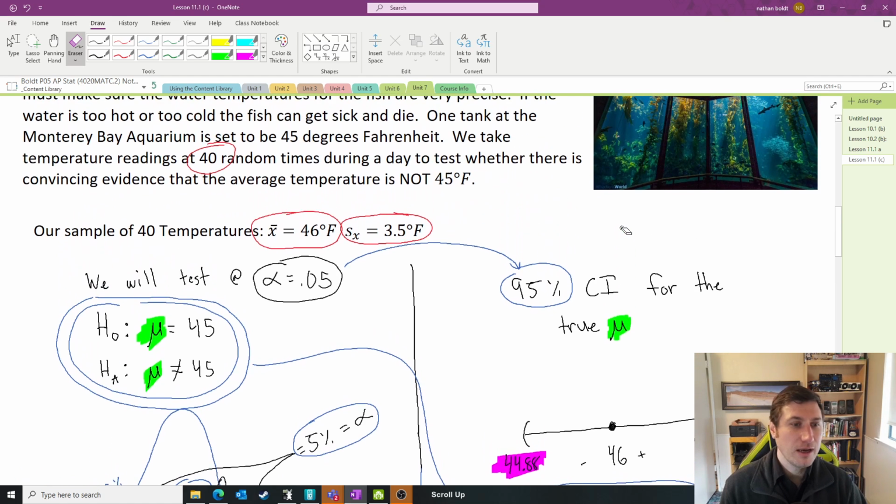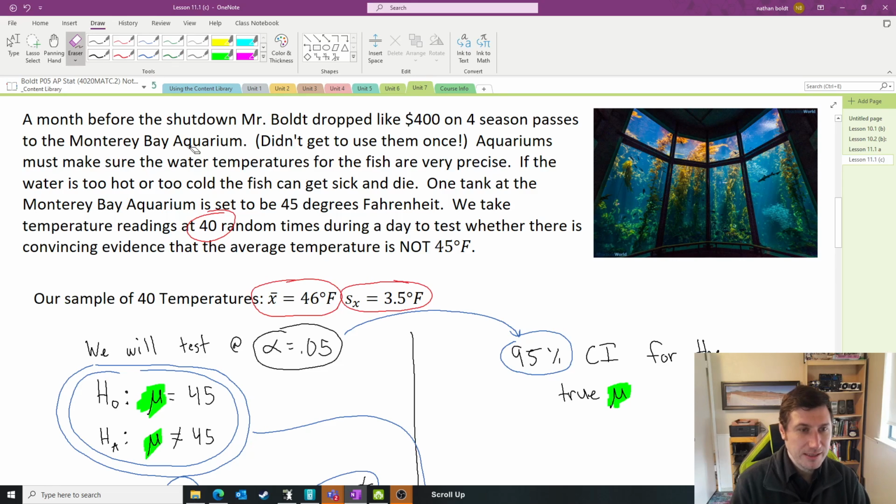Oh, yeah, I went over that pretty quickly. So that came from the problem. In order to do any of this, we have to take our sample. So we take a sample, and of course, sample variability. We don't get exactly 45, right? It's never going to be exact. It's a sample. So our sample average was 46.